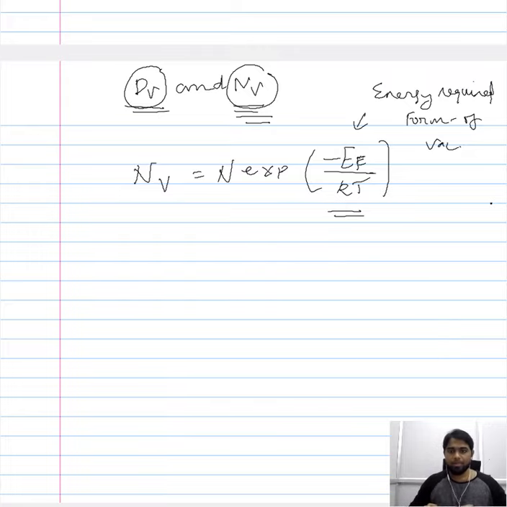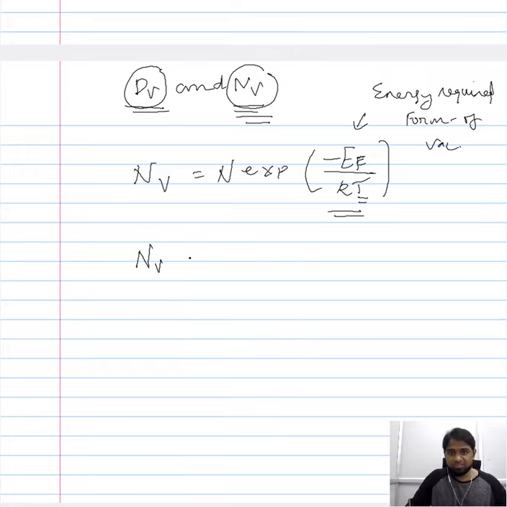Now, as the temperature increases, this term here becomes less and less because temperature is in the denominator. Now, the introduction of stress also has an influence on the number of vacancies. So the introduction of stress also increases the number of vacancies.